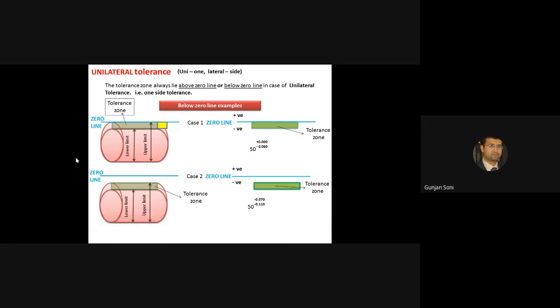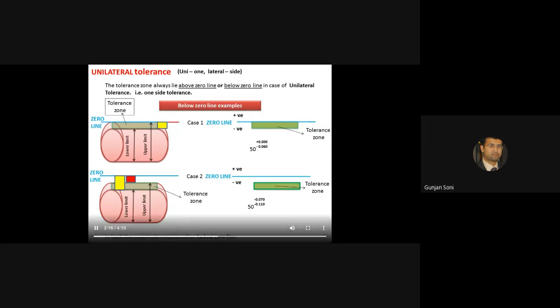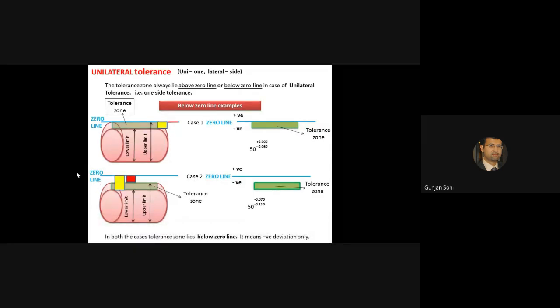This yellow patch showing lower deviation and this red line showing the upper deviation. Now as upper deviation is 0, hence this red line is matching the 0 line. In case 2 for basic size 50, upper deviation is minus 0.070 and lower deviation is minus 0.110. Again here yellow patch showing lower deviation and red patch showing upper deviation. In both the cases, tolerance zone lies below zero line. It means negative deviation only.